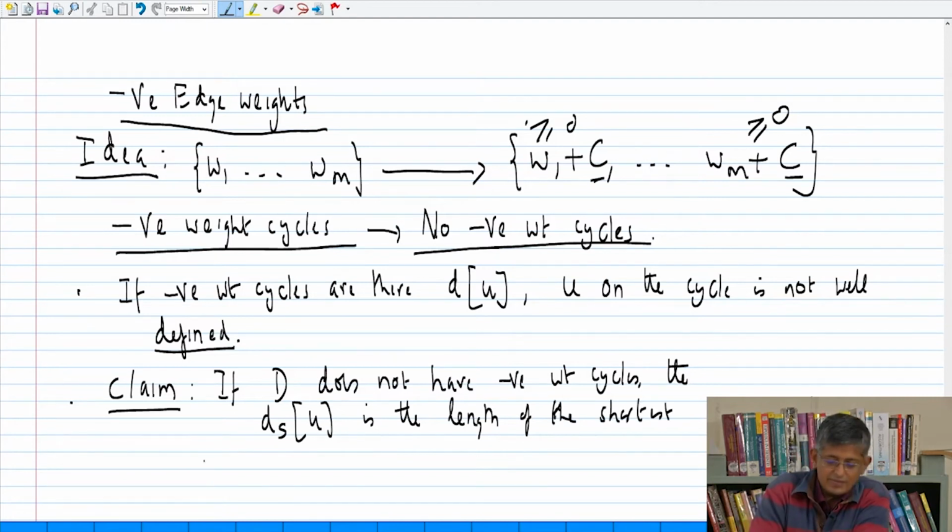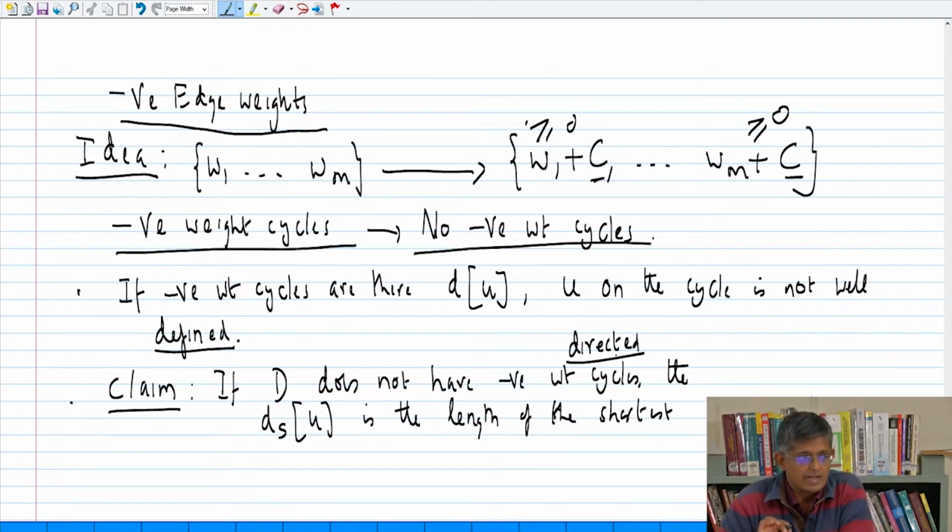In this case we are specifically talking about negative weight directed cycles. All that I have said so far works for directed graphs, and if you don't have negative weight directed cycles, then the distance estimates that you get are strictly decreasing, monotonically decreasing values.